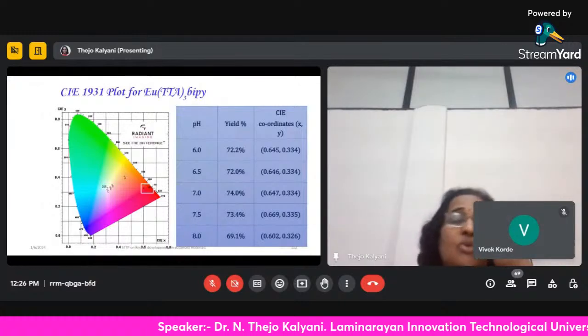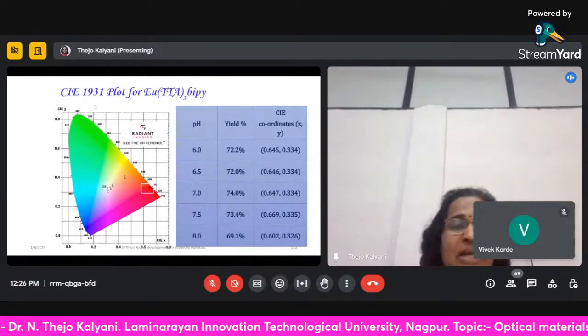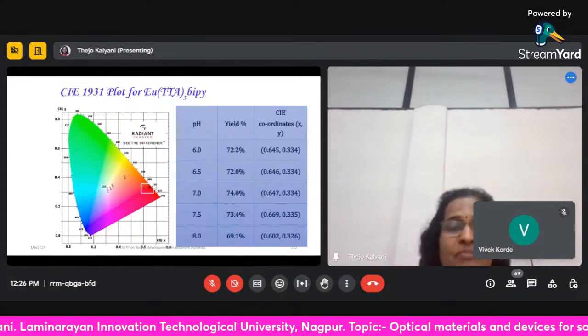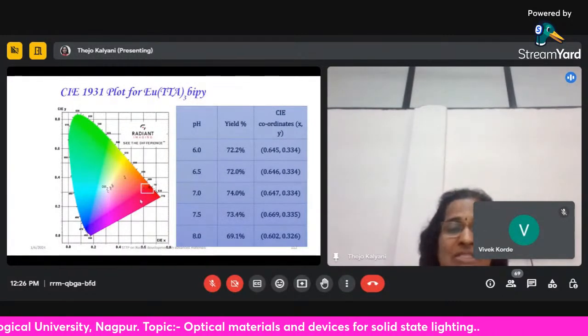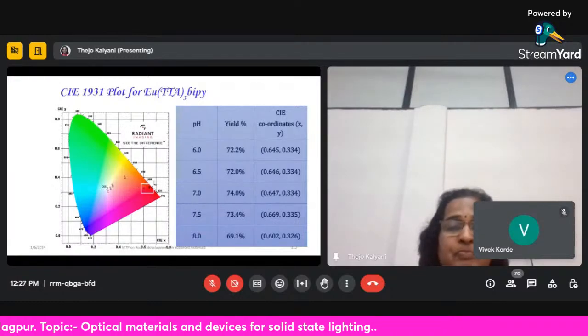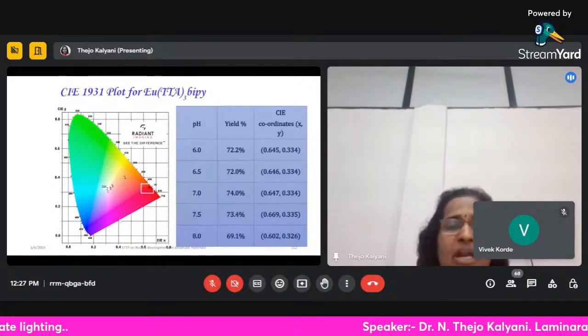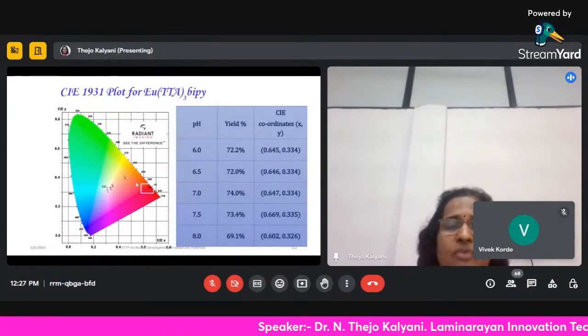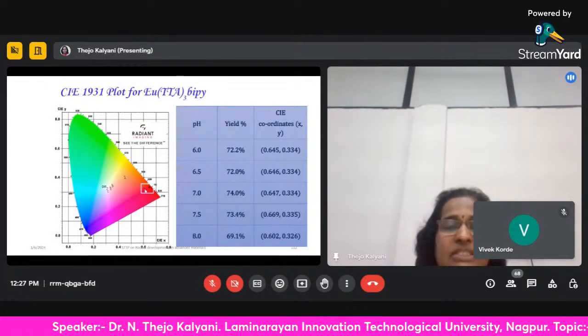And when we have gone through the CIE coordinates, the CIE coordinates generally depict how our natural eye looks whenever we perceive the light emitted by that particular complex. As I said, it's 613 nanometer, which means that it is under the red region. So the red region extends to a larger extent. So which color exactly is being depicted on this CIE diagram?